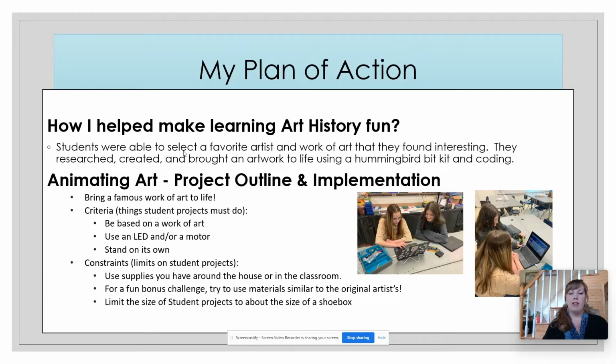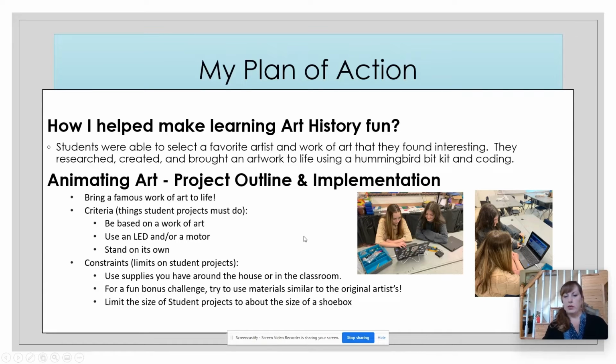Some of the project outlines and implementations were that the artwork had to be from a famous work of art, be based on or stand on its own, and use an LED or motor or both. The constraints were that it has to be no larger than a shoebox, and students should try to use similar products as what the artist used and then use things found around the home.